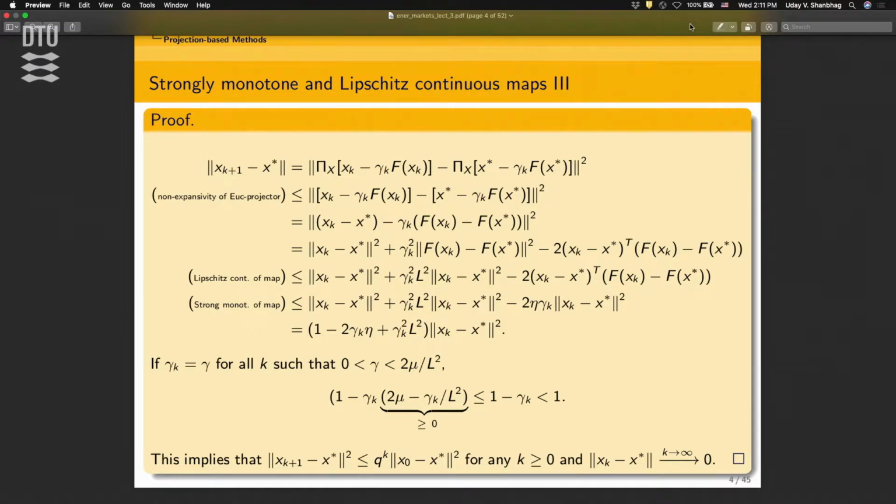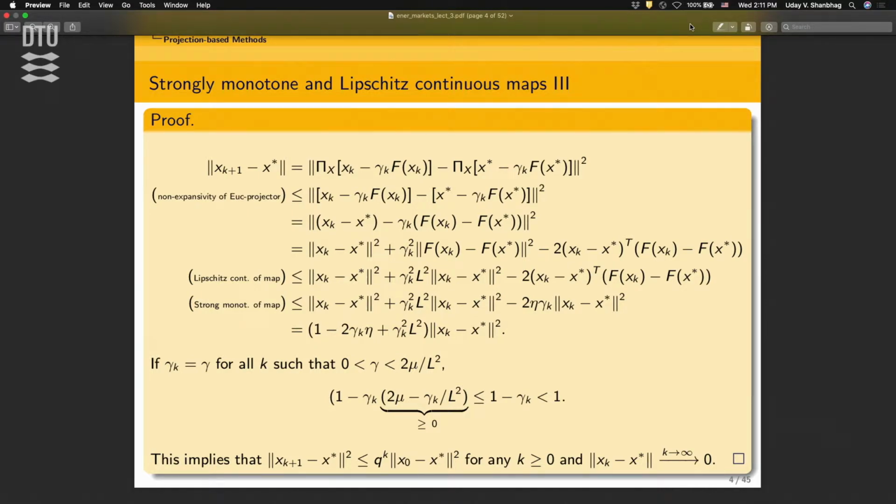Whenever you analyze these types of update rules, the proof technique is quite similar. Once you get used to one of them, most of the other ones start falling into place without too much difficulty. And this is important when we do the stochastic scheme as well.